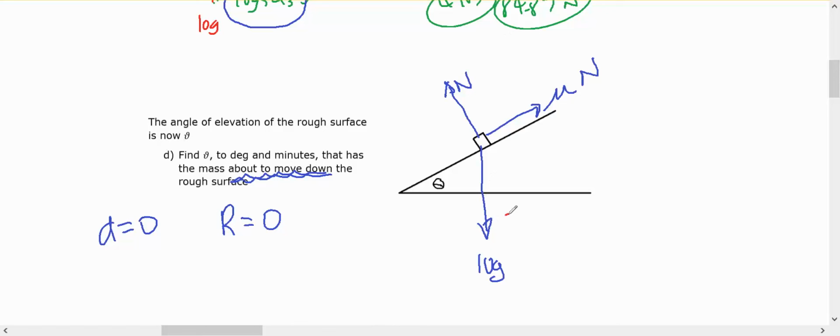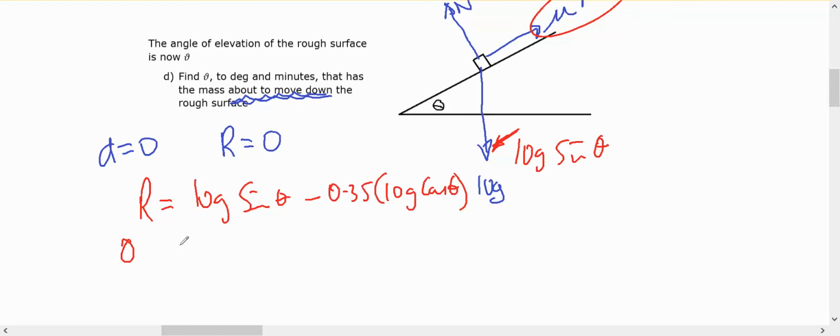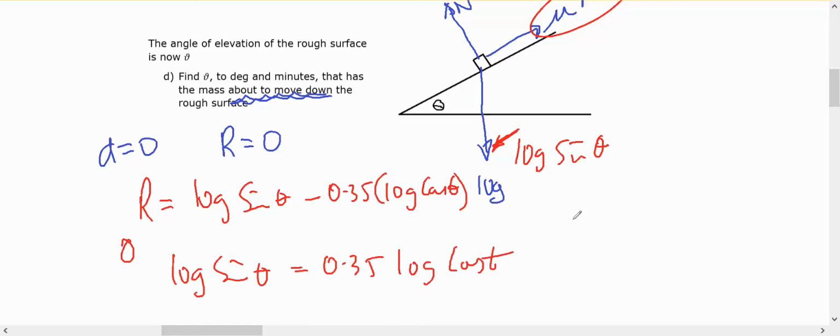Therefore, this component of my weight, which is 10G sine of theta, must equal this component of friction, because the resultant force will be 10G sine of theta minus 0.35 10G cos of theta. And if that equals 0, therefore 10G sine of theta equals 0.35 10G cos of theta.